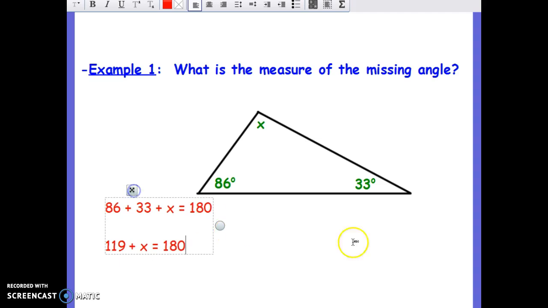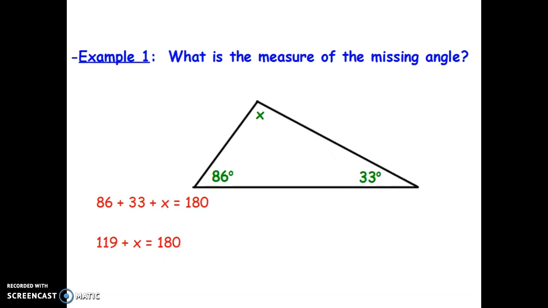We solve this just like a one-step equation. We're going to subtract 119 from both sides. These cancel out, and we see x is equal to 180 minus 119, 61 degrees.